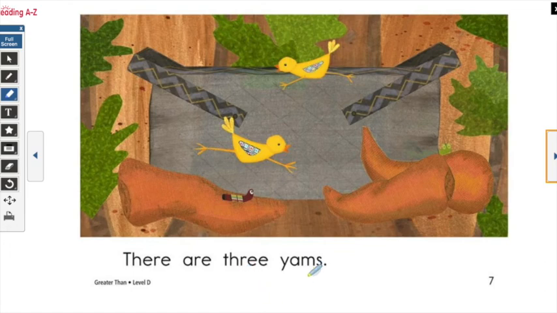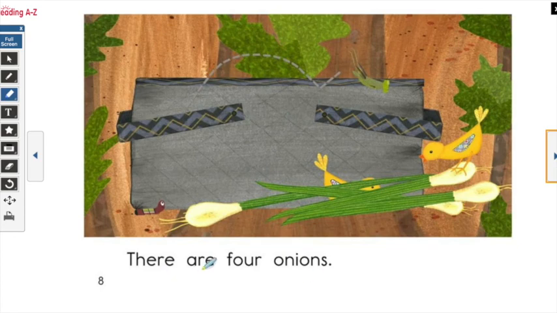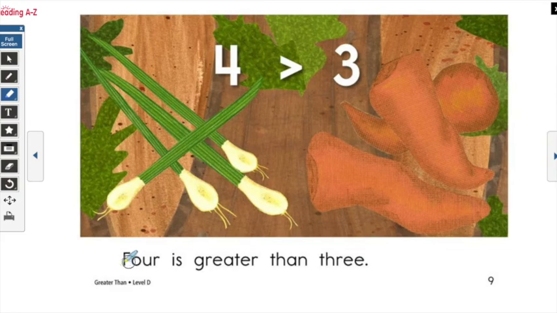There are 3 yams. 1, 2, 3. 3 yams. There are 4 onions. 1, 2, 3, 4. 4 onions. 4 is greater than 3. 4 is more than 3.